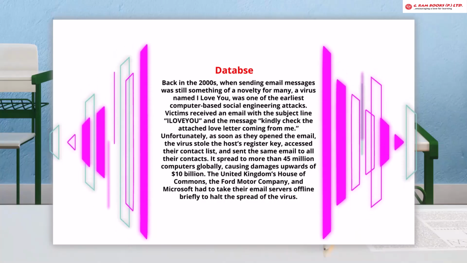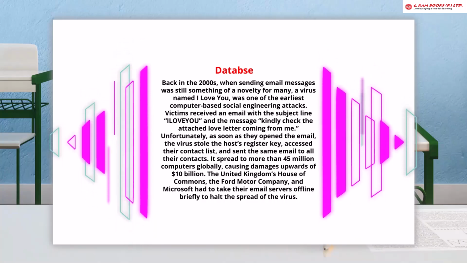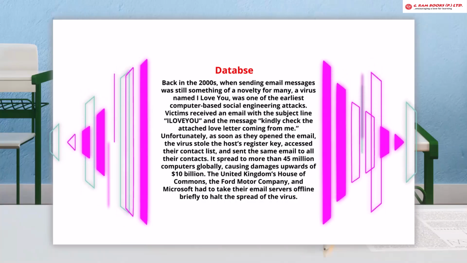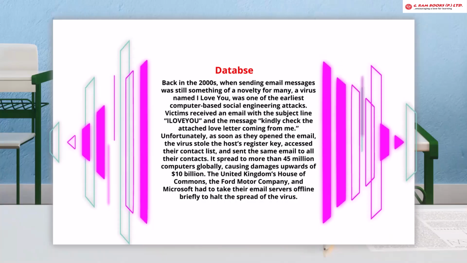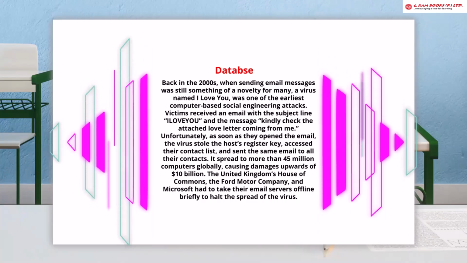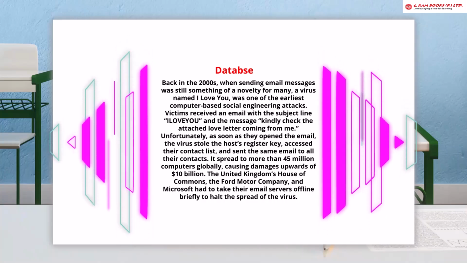Unfortunately, as soon as they opened the email, the virus stole the host's register key, accessed their contact list, and sent the same email to all their contacts. It spread to more than 45 million computers globally, causing damages upwards of $10 billion. The United Kingdom's House of Commons, the Ford Motor Company, and Microsoft had to take their email servers offline briefly to halt the spread of the virus.